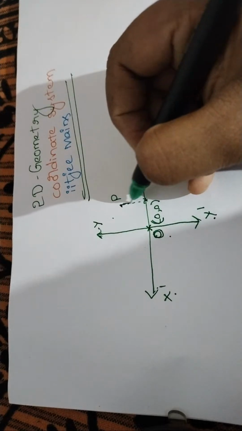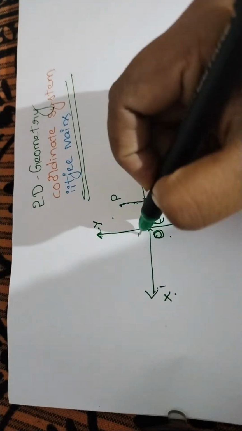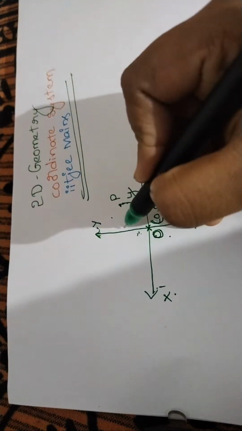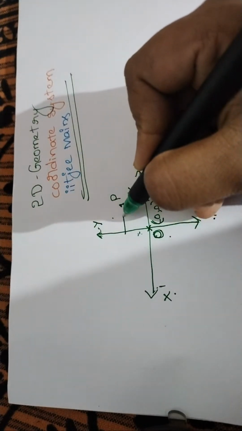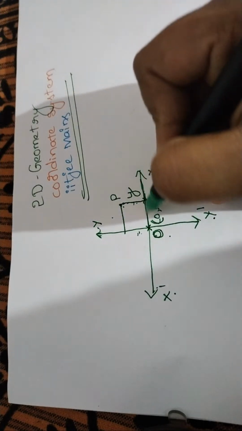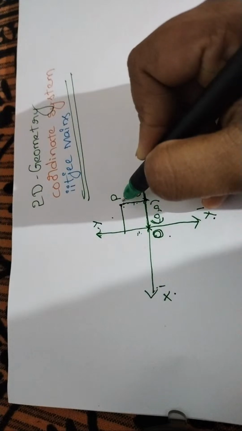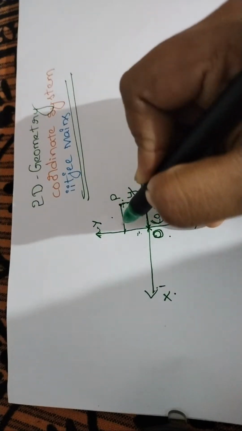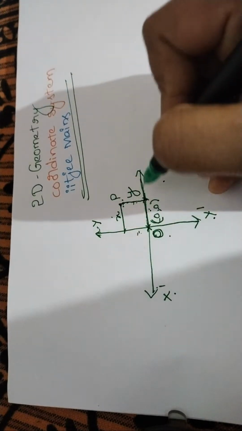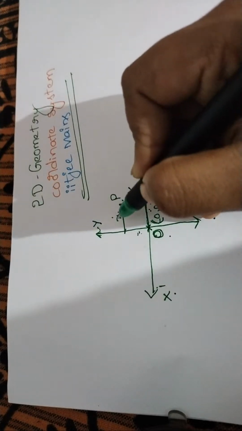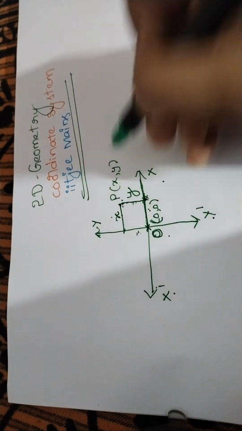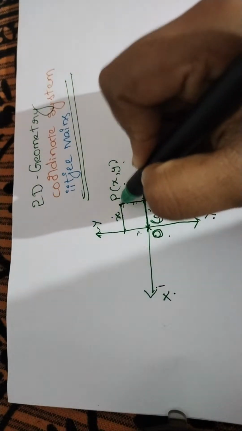So this line is perpendicular to the x-axis, and the height of this line is y, and it is parallel to the x-axis. So the length of this line is x, because it is parallel to x. Here x is the length and y is the height. I am taking the point as x comma y.